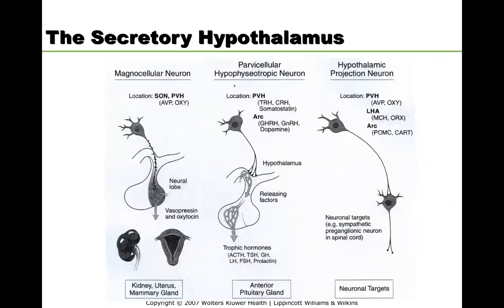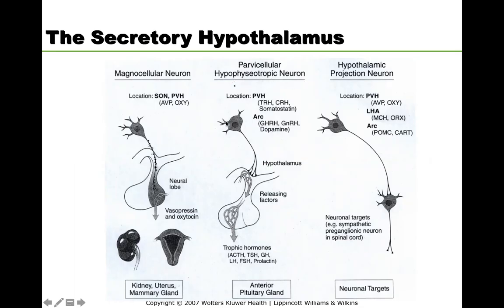So what are the different kinds of neurons that are present in the hypothalamus? There are three different kinds. I'm shifting from one topic to the other only because it will help you understand. Number one is the parvicellular hypophysiotropic neuron.